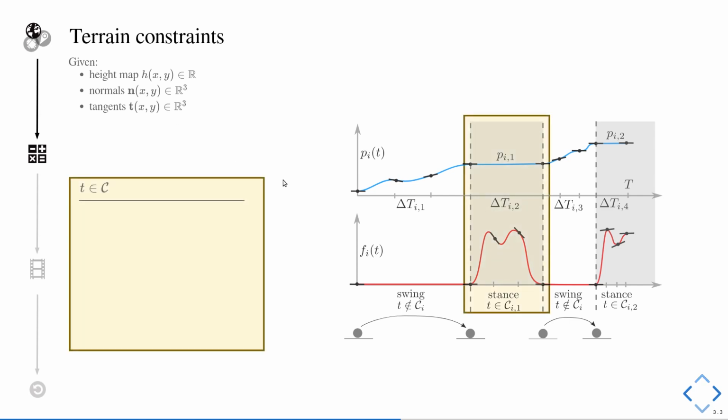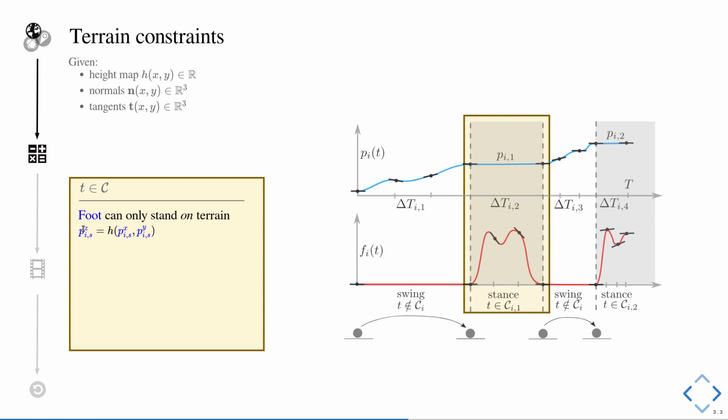And the terrain constraints are mostly active during the stance phases. So we're going to now have a specific look at some of the constraints active during this part of the trajectory in the stance phase, when a foothold is in contact with the environment. One of the very important constraints is that if a specific foothold is in stance phase, then the foot has to stand on the terrain.